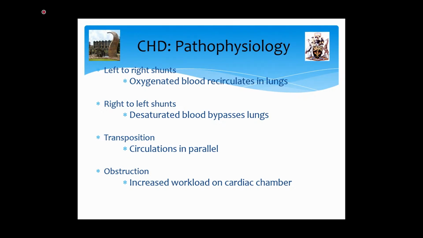In transposition, you have parallel circulations. We'll talk a little about this later. With obstruction, you have increased workload on the heart, and therefore it needs to hypertrophy or get tired by excessive work. This is basically all the pathophysiology of what happens to lead to heart failure in mostly all the congenital heart diseases.